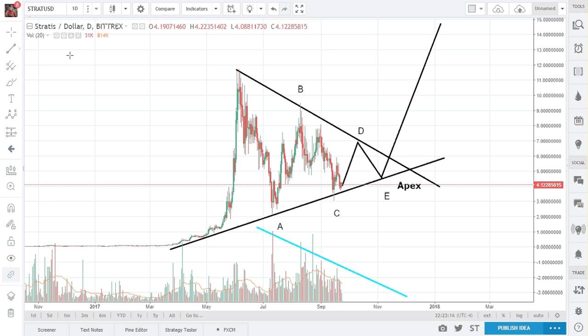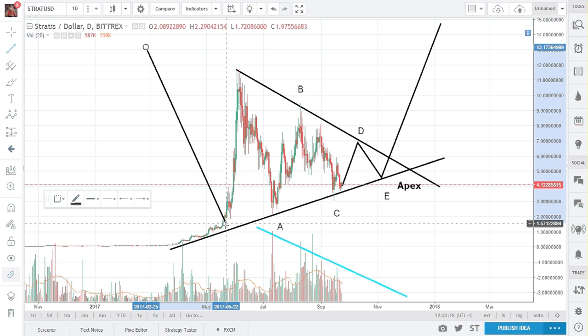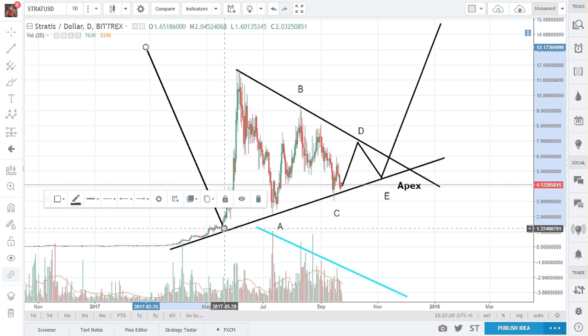Let's say this price was trending down, instead of coming from up.